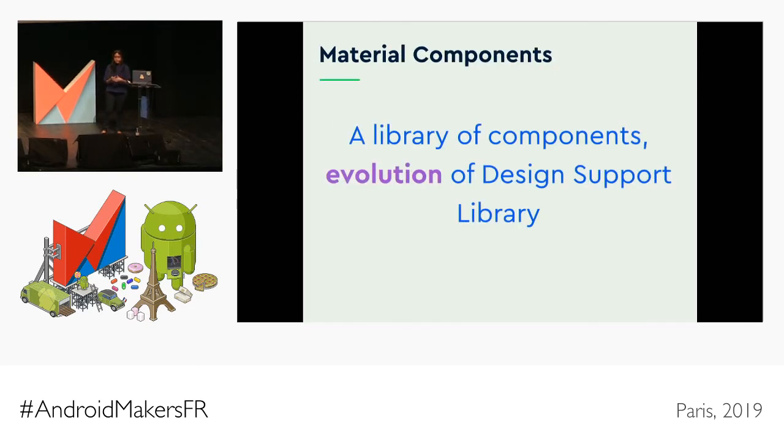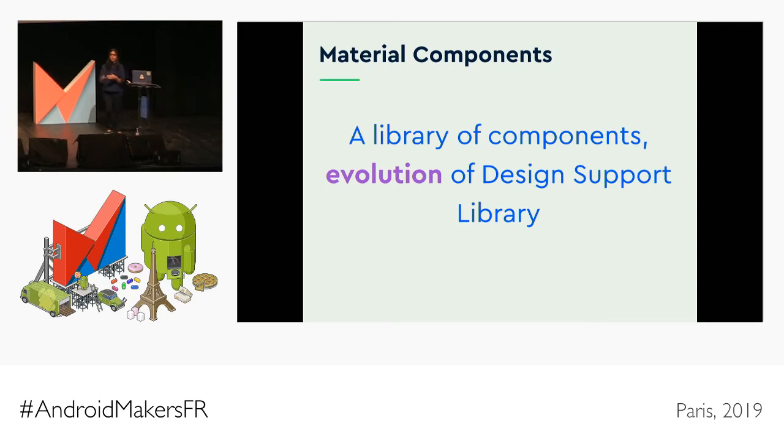And we can do this by using the Material Components library, which is an evolution of the design support library because it contains shiny new attributes and widgets like the bottom app bar. So future updates no longer go to the design support library, they go to the Material Components library. So I suggest that you start using the Material Components library as soon as possible.